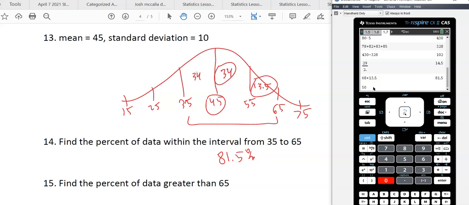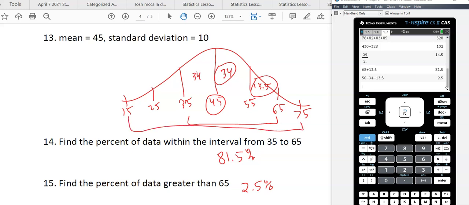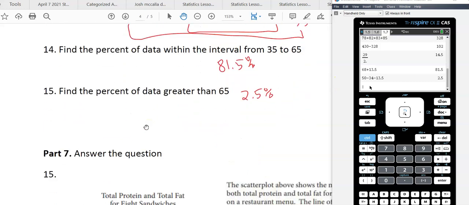So 50 minus 34 minus 13.5 is 2.5. We know also that 99.7% of the data is between those two. You could use that information if you needed to.